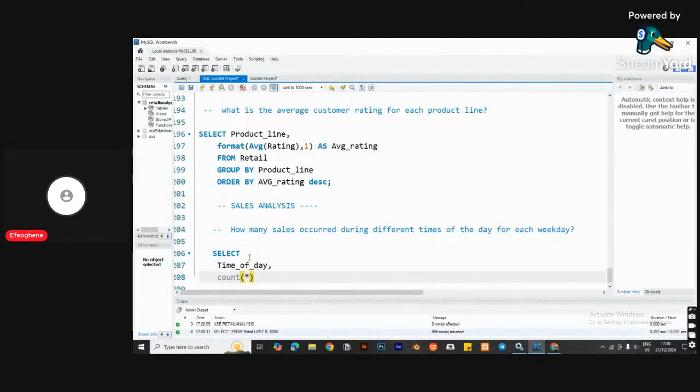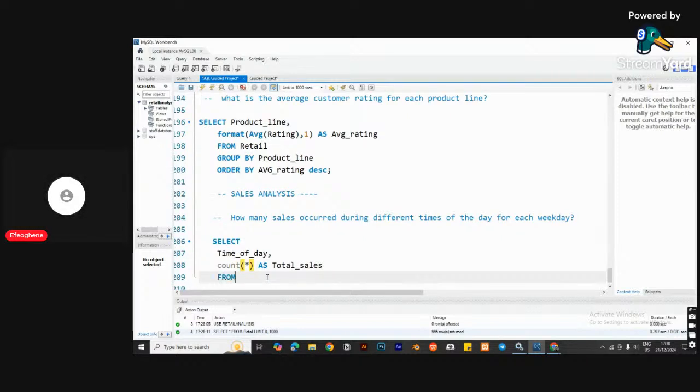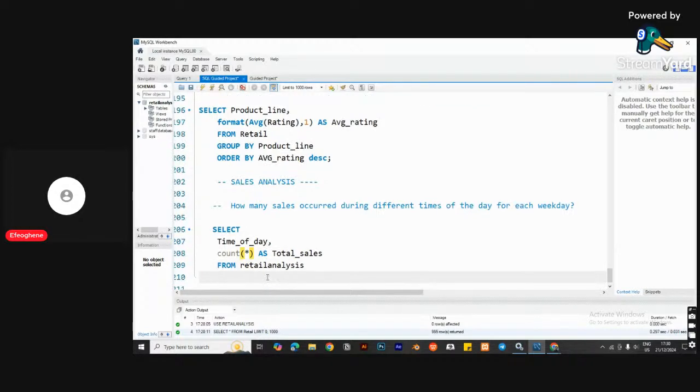So we say select the time of day. We're returning that column. Count all the rows as total sales, from the name of our table, retail.